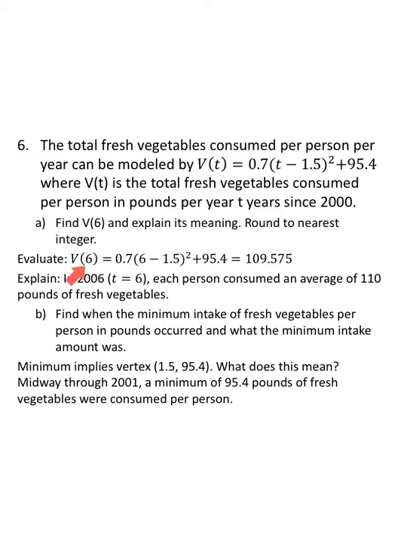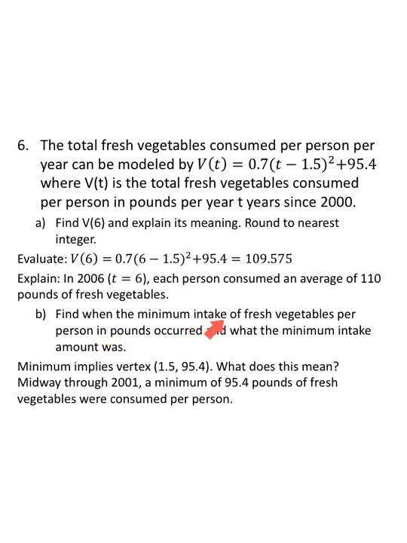A t value of 6 is 6 years since 2000, so in 2006, each person consumed an average of, and I rounded it to, 110 pounds of fresh vegetables. An average, per person, and so forth. All those words. Close enough, good enough.